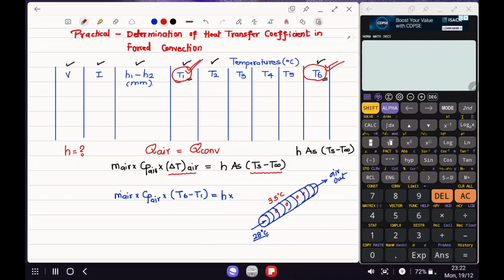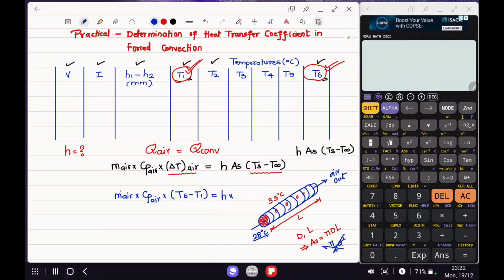So many times students are confused with the cross-sectional area. Remember, only this much section, pi by 4 d square, this much is the cross-sectional area, and air is not contacting only the cross-sectional area, but air is contacting this entire length of the pipe. So the pipe has some diameter, air is contacting some length. It means that the total surface area of contact of air with the pipe will be pi d L, and it will not be pi by 4 d square.